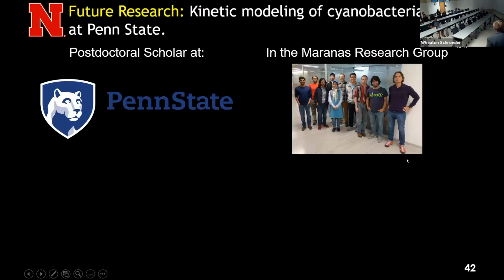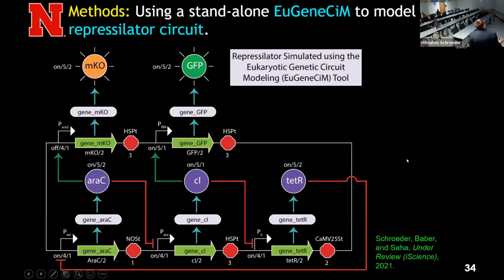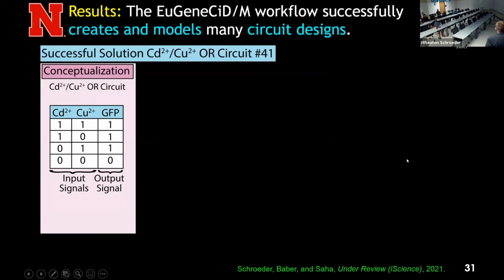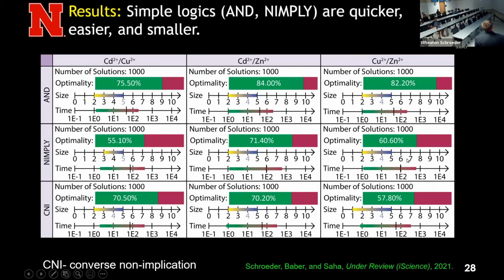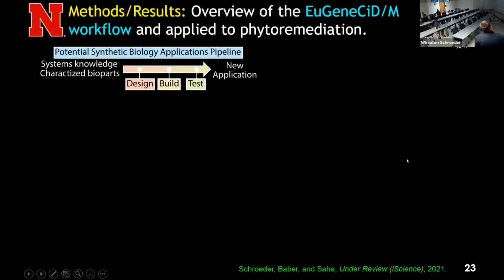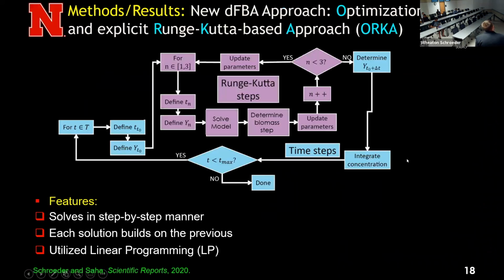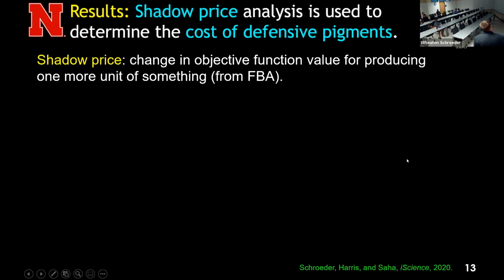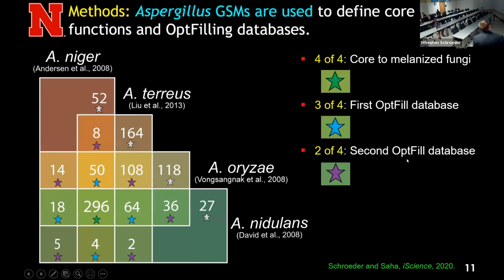Let's see how quickly I can scroll back up here. So I had 3 different databases that I was working with, built from 4 different models of Aspergillus. Basically, the first database I had the most confidence in, because that was going to be in 3 of 4 Aspergillus models. So these blue stars.